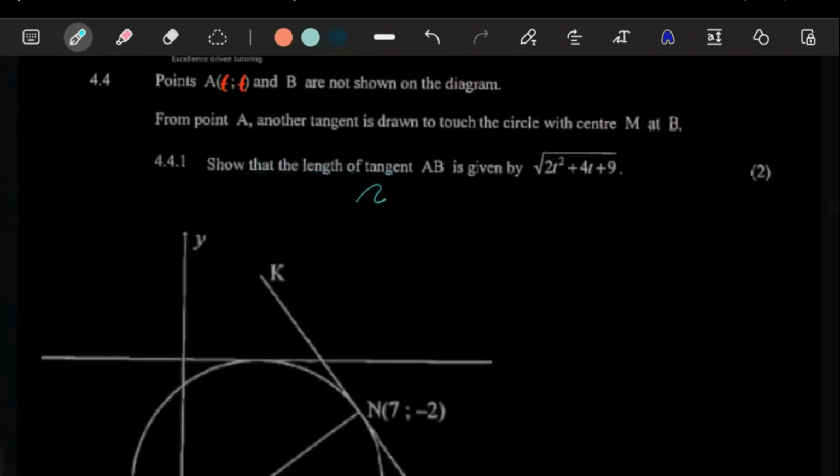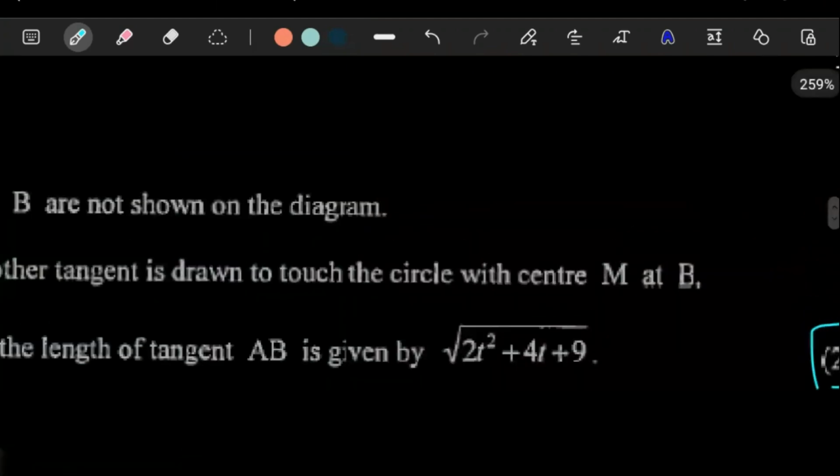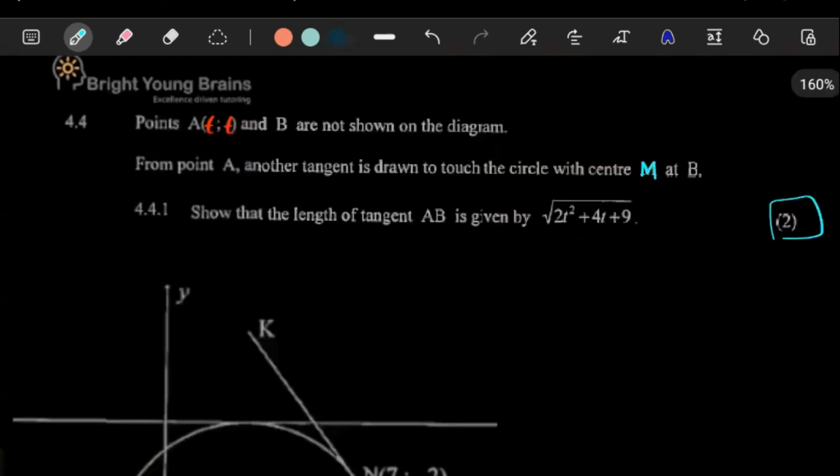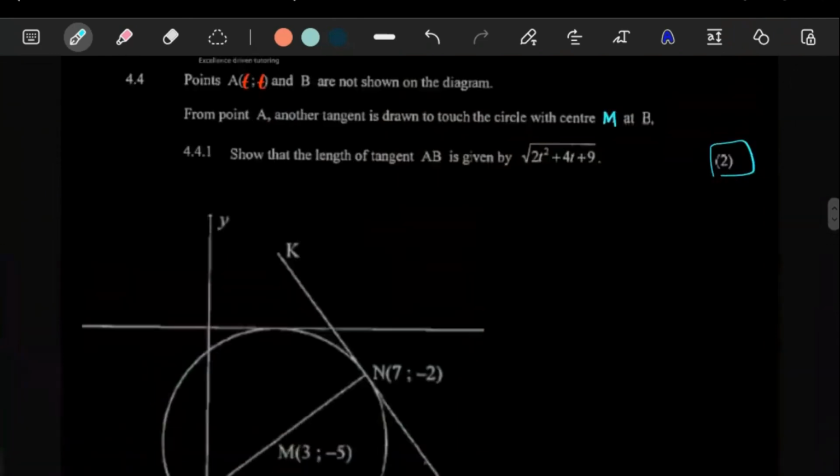Show that the length of the tangent AB is given by this equation. So one thing we want to take into consideration is that they said this is a point A, this is a point B. From point A, another tangent is drawn to touch this circle with center M. So somewhere along the lines, A, we don't know where it is, it's just a random point.